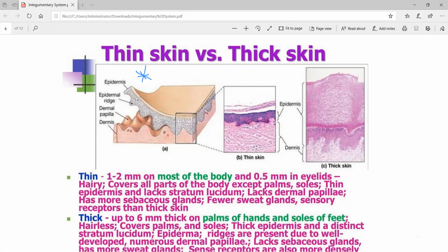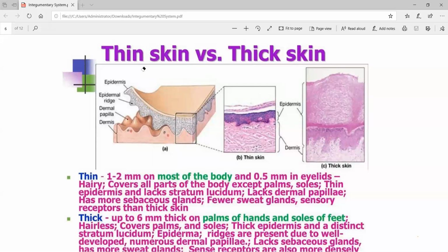Remember, epidermis is the top layer of the skin, and it sits upon the bottom layer of skin called your dermis. The epidermis has little fingers coming down called the epidermal ridges, and the dermis has fingers going up called the dermal papilla. And the epidermal ridges and the dermal papilla kind of zip themselves together and fit very, very tightly so that the skin layers do not separate from each other.